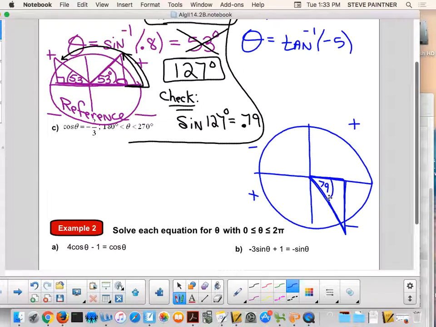The other triangle is in quadrant 2. It would look like this. The reference angle doesn't change, 79. The calculator is just telling you the reference angle. Now you have to decide what the answers are. From here to here is how far? This is 180.